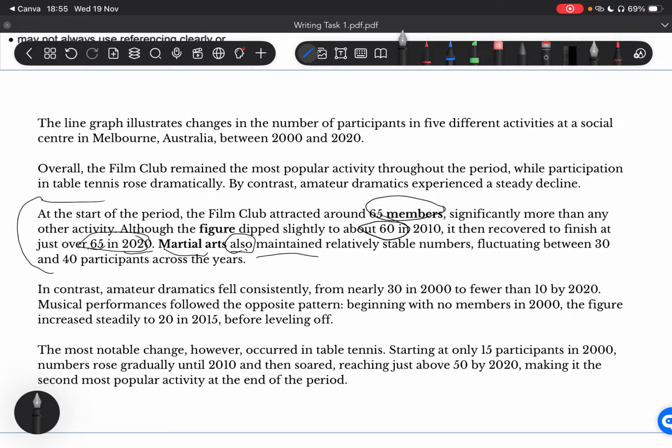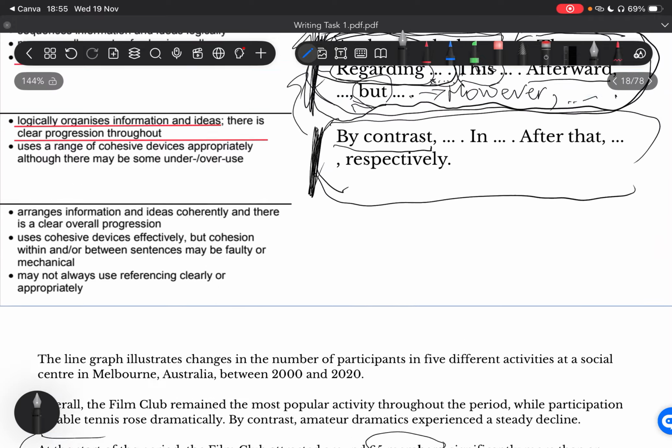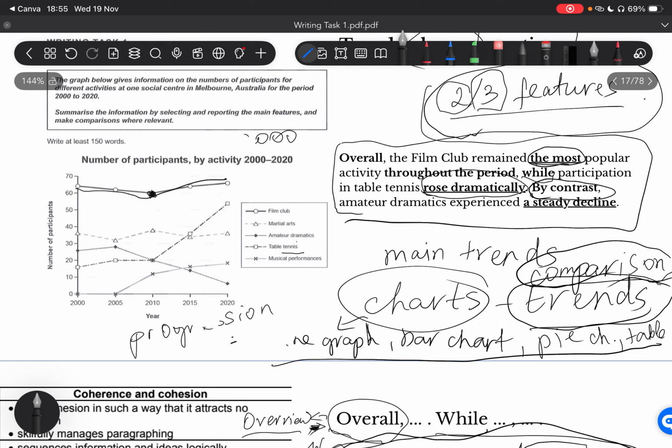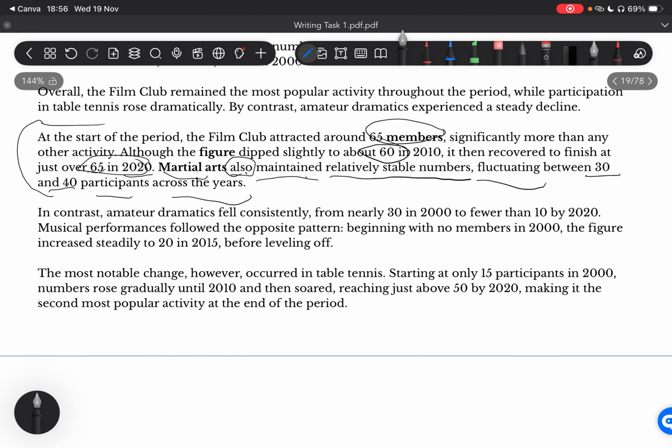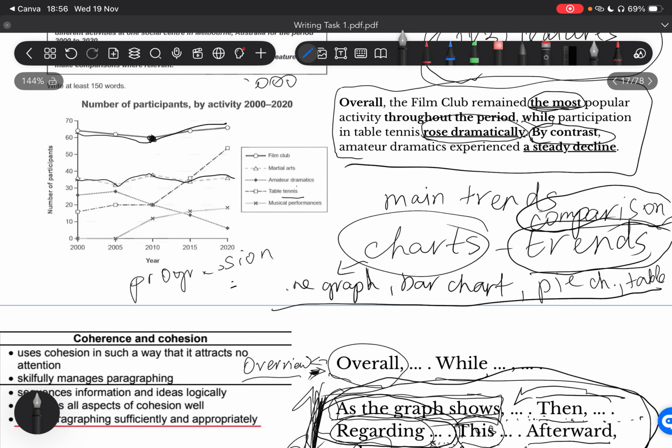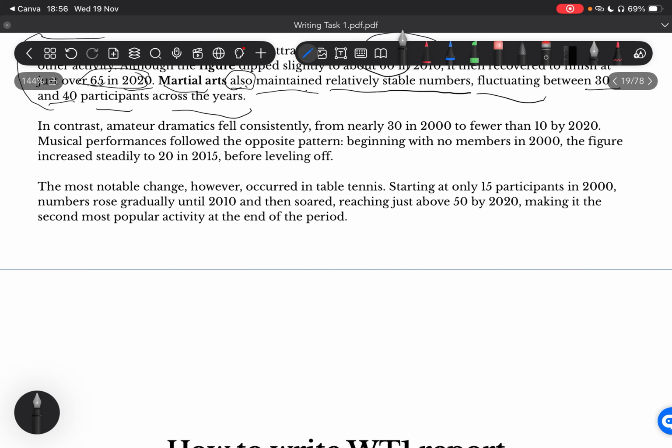We have the word also, maintained relatively stable numbers, fluctuating between 30 and 40 participants across the years. Well, the second line here, martial arts, they have fluctuation, and that's all. And it is similar to the first one that we mentioned, so they were grouped together into one paragraph.